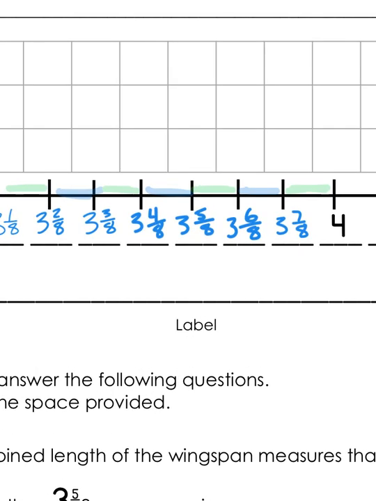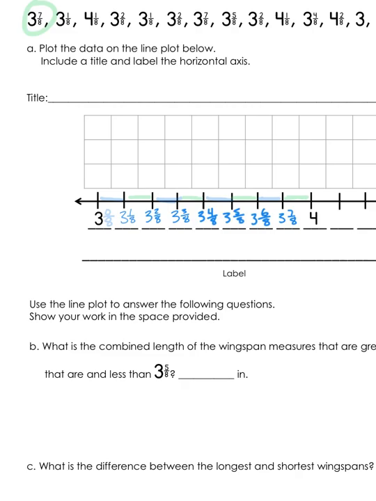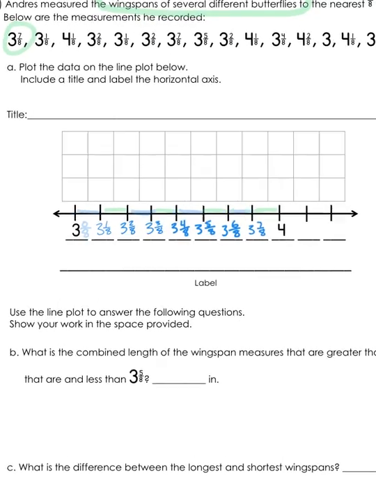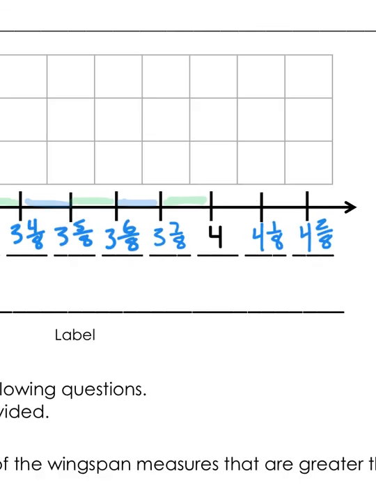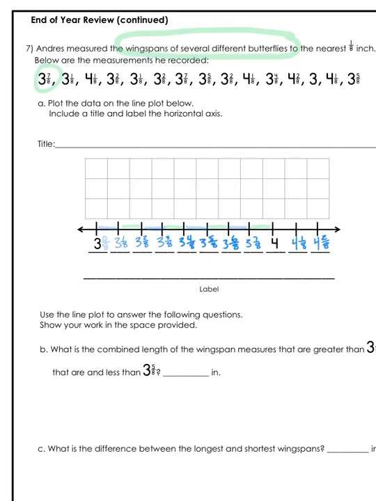Then we get to 3 and 8/8, another way of thinking of 4, because 8/8 is the same as one whole. A simpler way of thinking about 8/8 is one whole added to 3 wholes, that would give you 4 whole inches. And then you would wrap this up with 4 and 1/8 and 4 and 2/8. So we go about setting up our line plot graph.